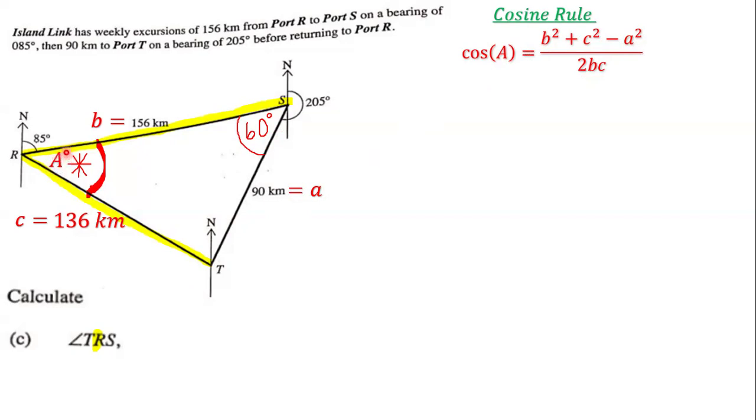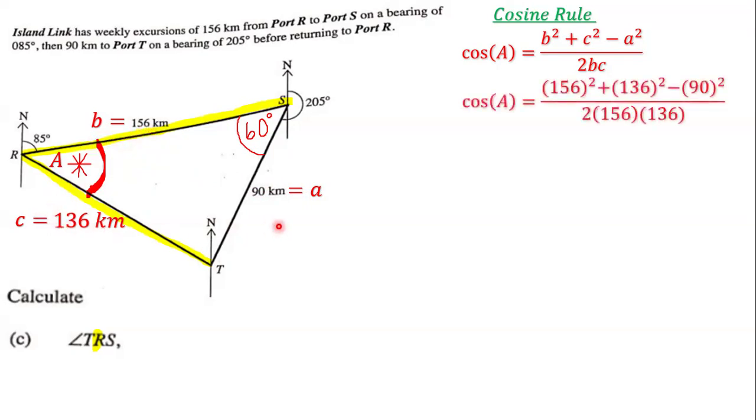The side that is opposite the missing angle, we call small a. And the other sides of the triangle are B and C. So B in this case is 156 kilometers and C is 136 kilometers.